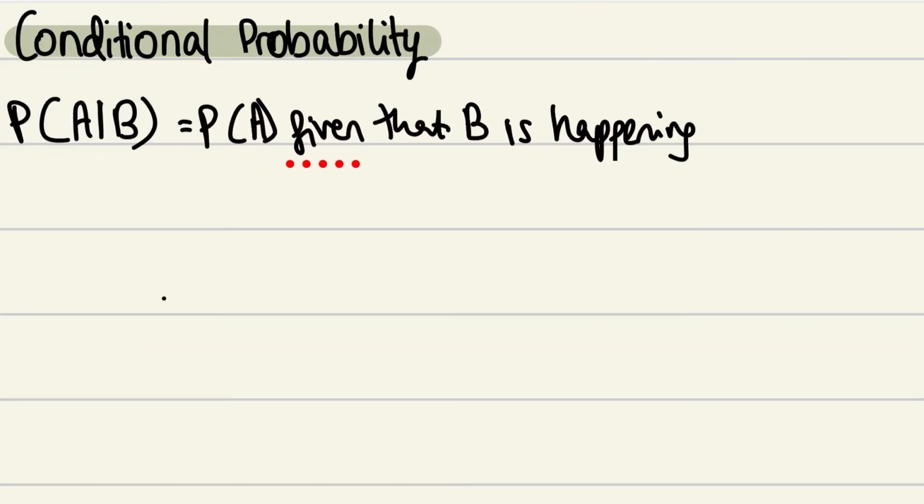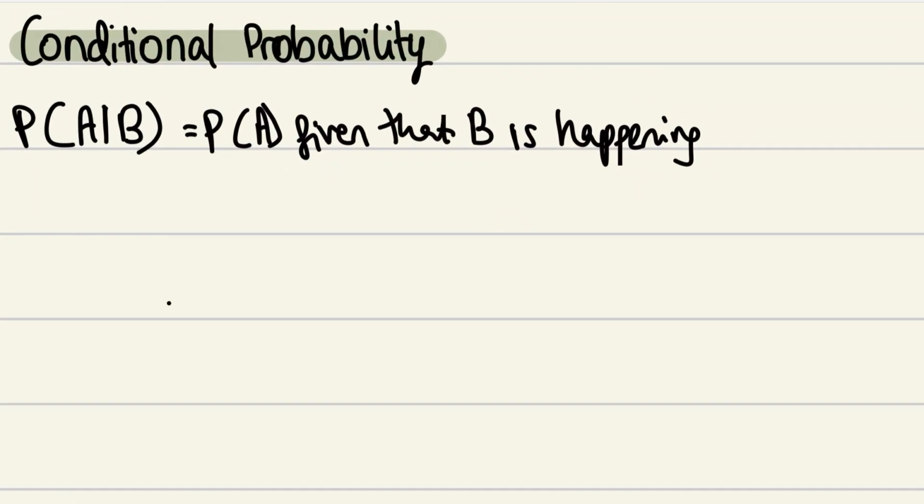So over here your sample space gets reduced to just B, because rather than looking at the entire space, you're looking at the event A happening when B is happening also. So B is now your reduced sample space.